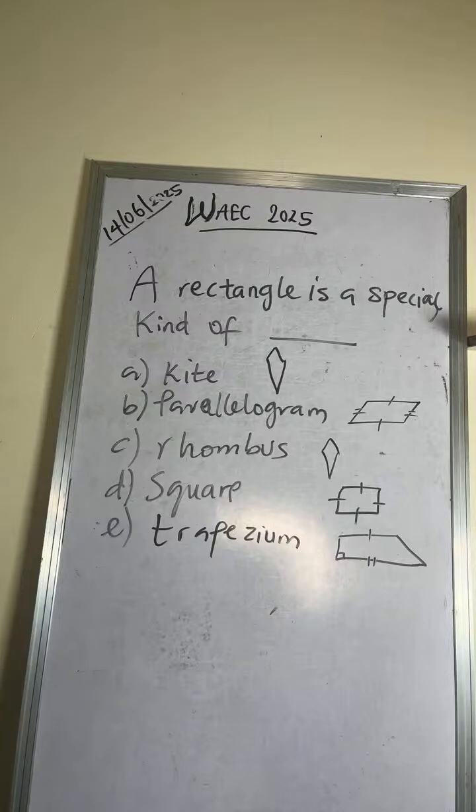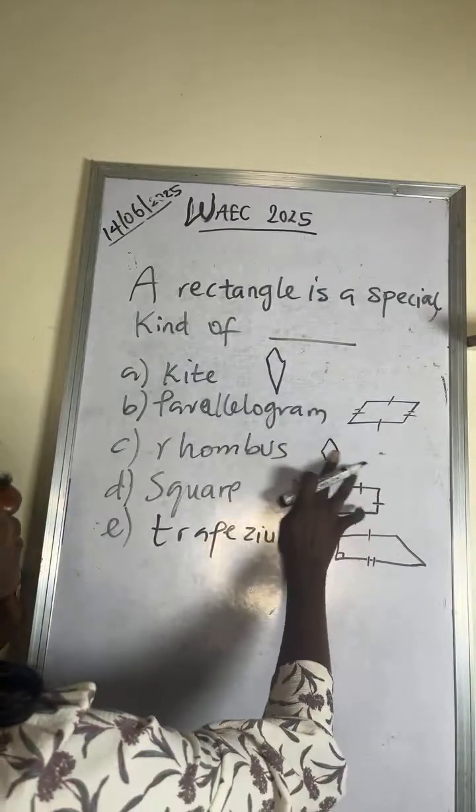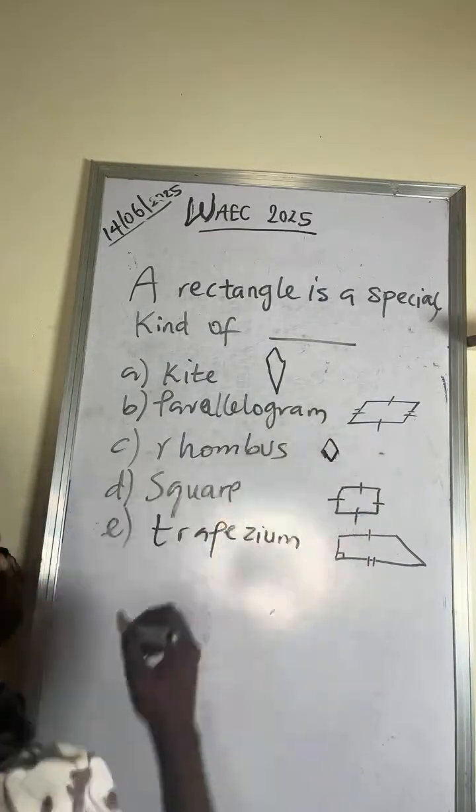I'm thinking I'm mistaking the two, but parallelogram can be correct. Square can also be correct because all squares are rectangles, but not all rectangles are squares. Rhombus is a bent square. Okay, so it's the rhombus that has the equal sides. I know very well that a kite doesn't have equal sides.